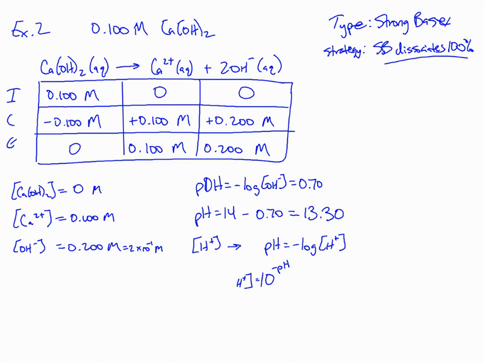Most of you have the math skills to be able to do this without me explaining it in more detail. If you do need that, then we can talk outside of this video. And so the hydrogen concentration ends up being 5.01 times 10 to the negative 14. Very small number.